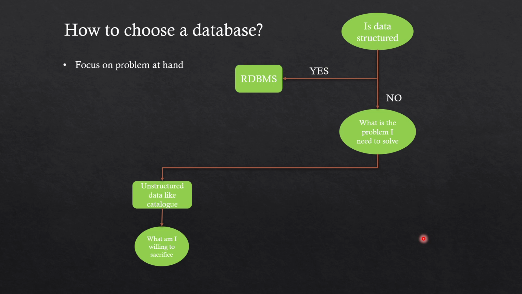Otherwise, you can have a scenario where your data is unstructured, but you want all the transactions or data coming into your system to be consistent. You can live with availability. If the system goes down for a certain time, you are okay, but it should be partition tolerant also. If you have a scenario like this, there is a second set of databases which you can use.